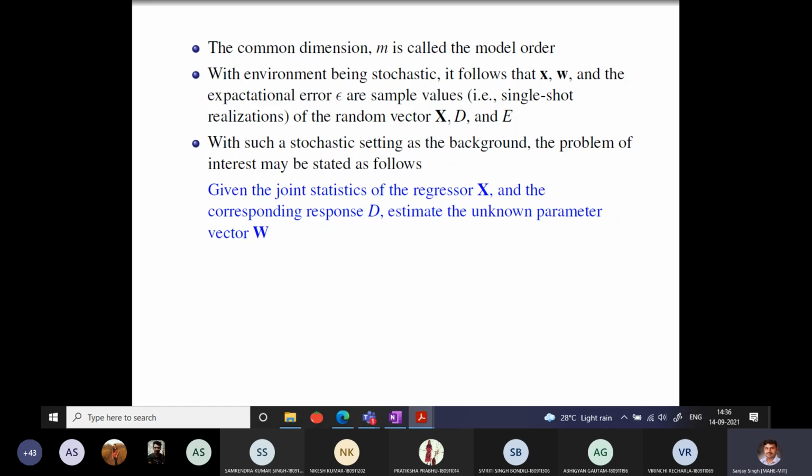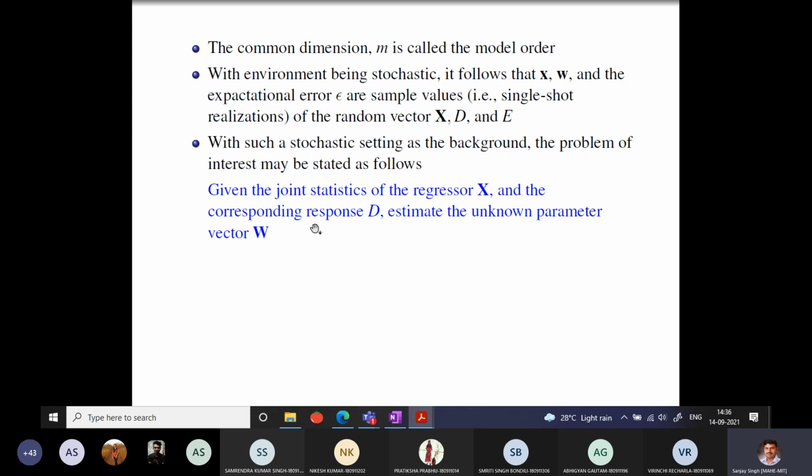Given the joint statistics of the regressor X, nothing but our design matrix X, and the corresponding response D, estimate the unknown parameter vector W. This is what we normally do. The whole idea is that we have to find this vector W. And in this case, it's not a vector anymore, rather I should say a matrix. So this is the problem.